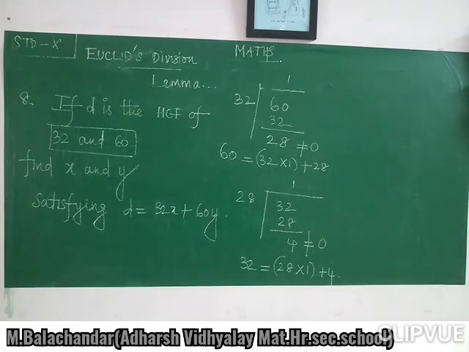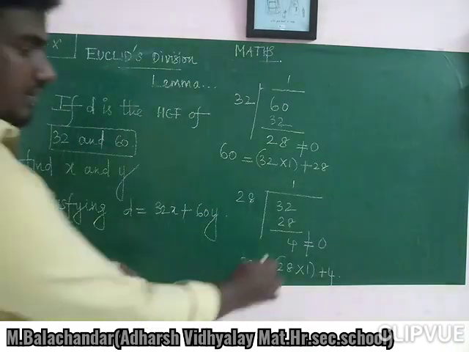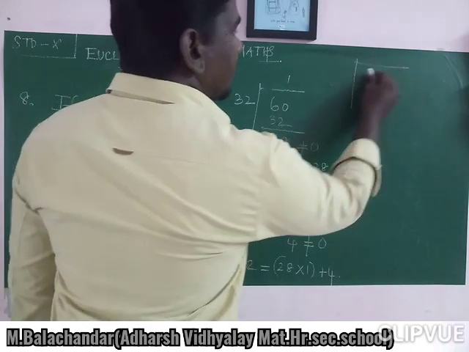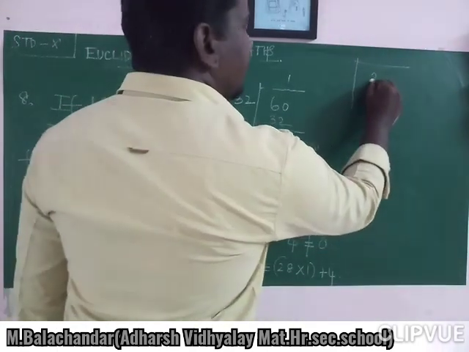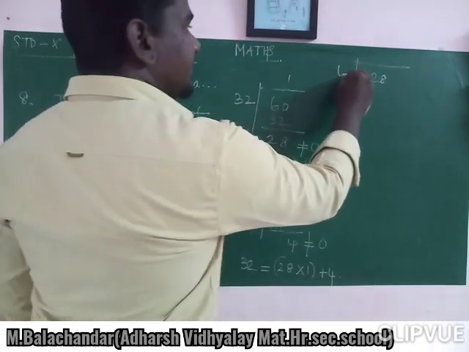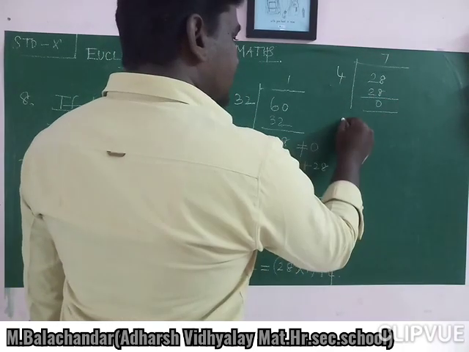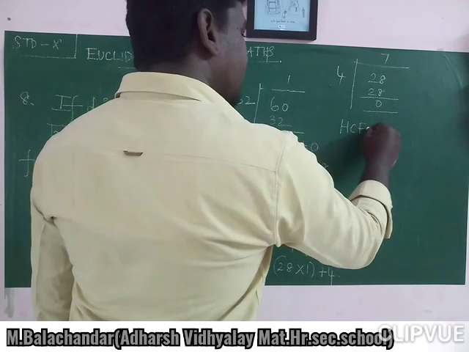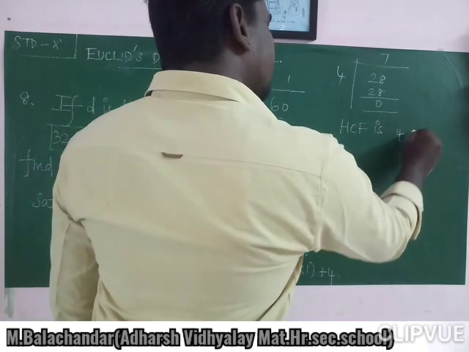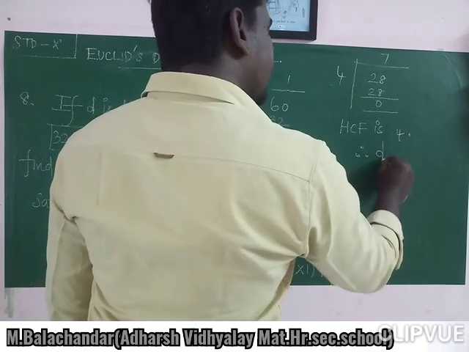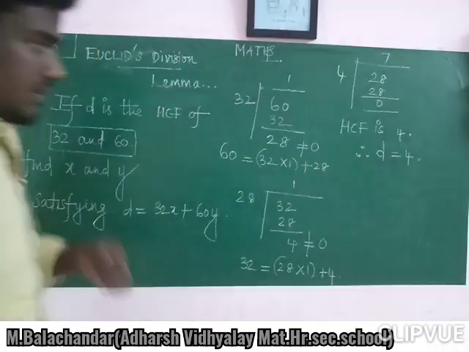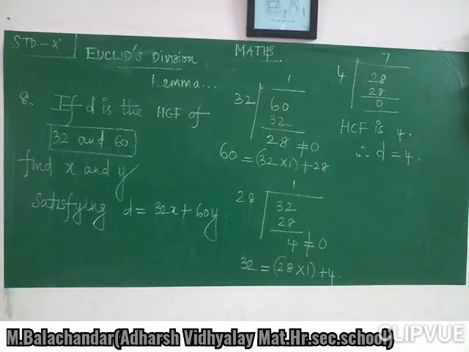Next, this 28 is the dividend, this 4 is the divisor. 7 times 28, it gives a remainder 0. So HCF is 4. Therefore value of D is equal to 4.